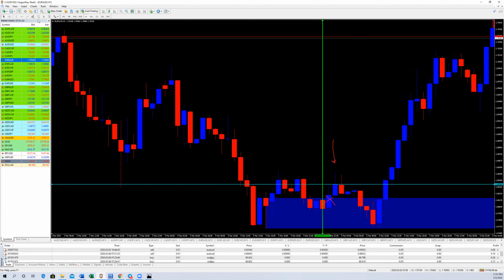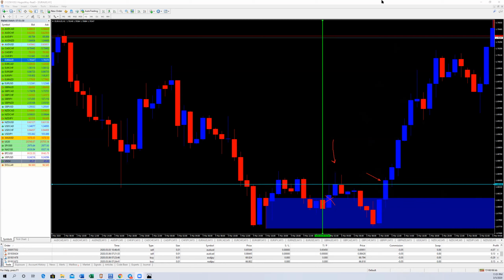But look what happens if you would have waited until this candle. Look what happened if you would have waited until right here, until that candle, where you actually had a clear break and the body of the candle, the solid part of the candle, closed above the line.